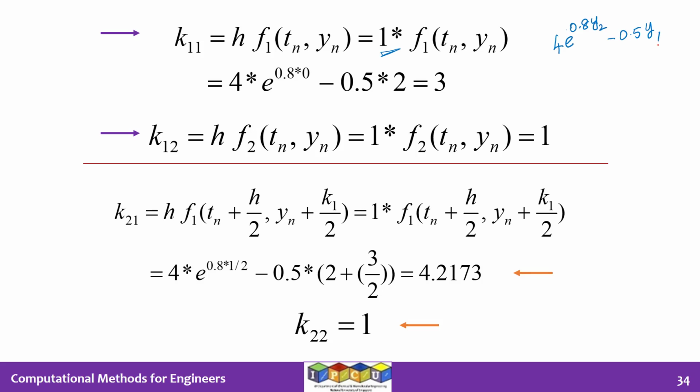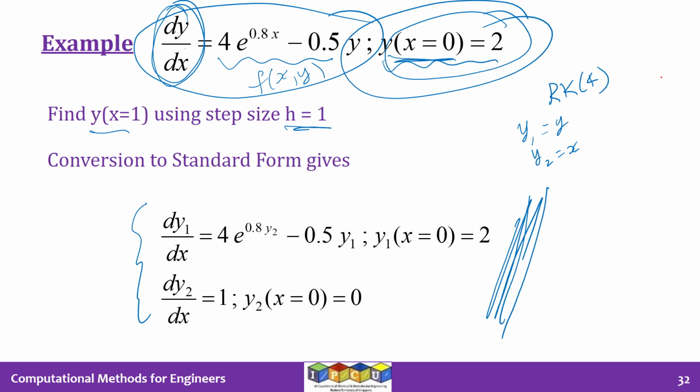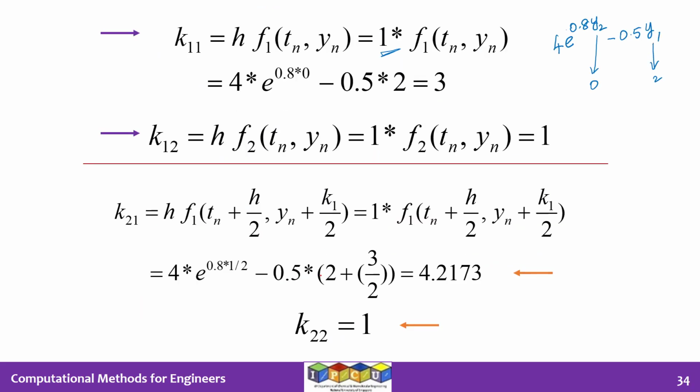So what is the value of y at the starting point? y2 is 0 and y1 is 2. That is what is given in the problem. y1 is 2 at x is equal to 0 and y2 is 0 at x is equal to 0. So wherever you see y1 put 2 and wherever you see y2 put 0. When you do that, K11 evaluates to 3.